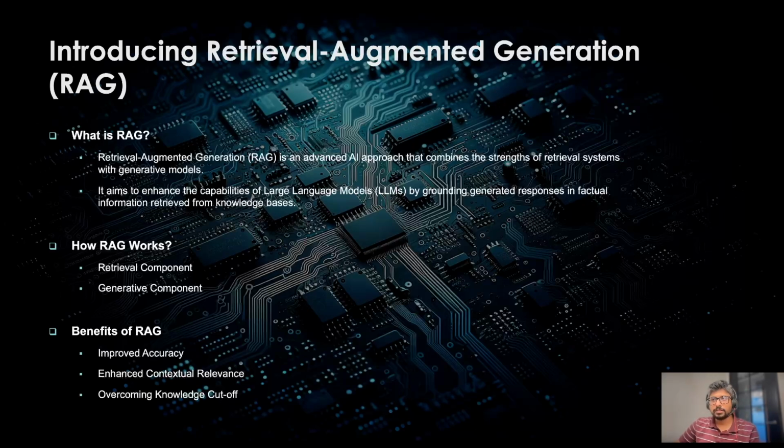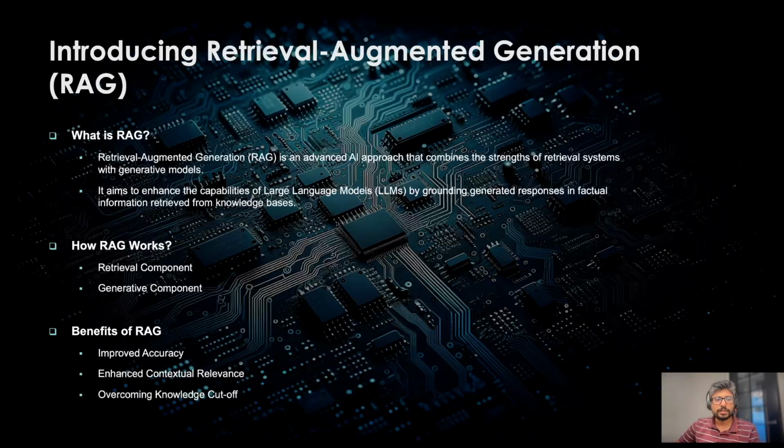How does RAG work? RAG has two components: the retrieval component, which is responsible for fetching relevant documents or pieces of information from a predefined knowledge base based on the user's query. Techniques such as keyword matching, semantic search, or vector based retrieval ensure accurate and contextually relevant information is retrieved.